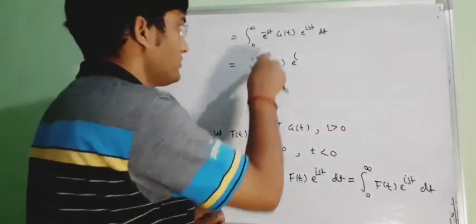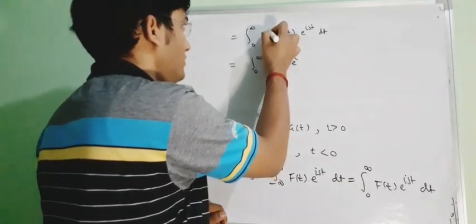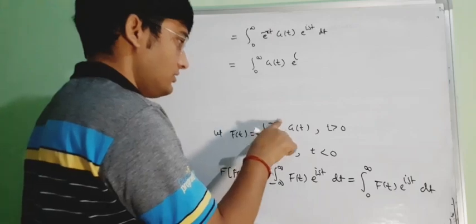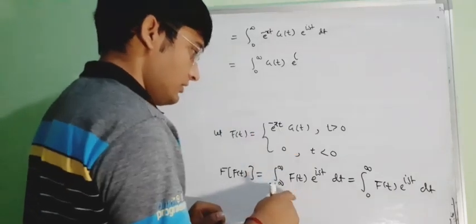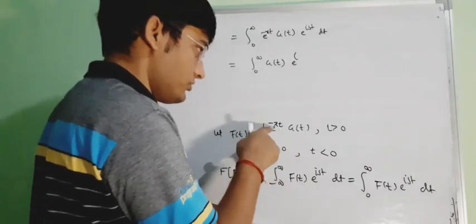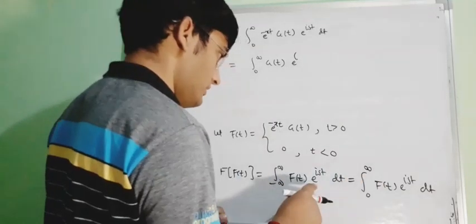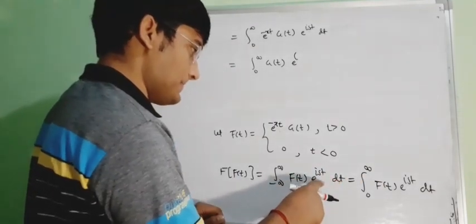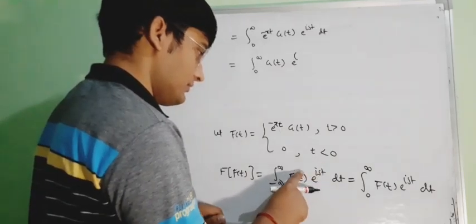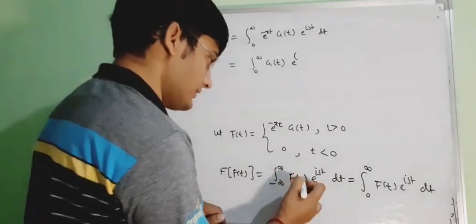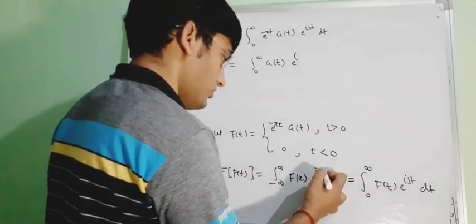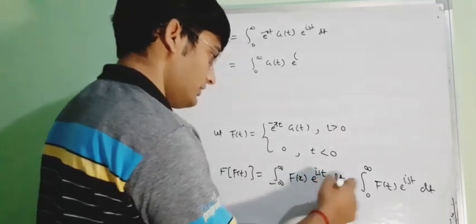Please note that this is your x, not s, so this was your e to power minus xt into g(t). This is not your s. So if this is your x, now here we will have to write it as f(t) e to power ist dt.